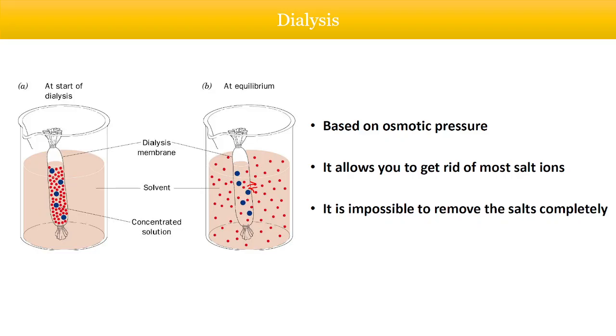Therefore, it is always recommended that you have at least 20, say at least 100 times more buffer than the amount you have in the dialysis bag. That way the salt concentration decreases 100 times, which leaves a quite negligible amount considering the salts or contaminants present in the crude extract that you are dialyzing.